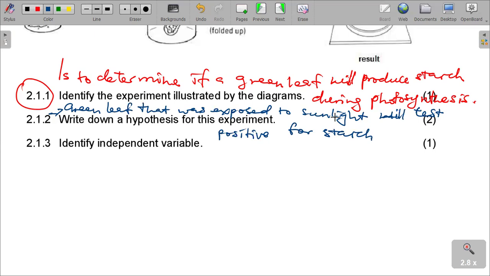That's what I can say. A green leaf that was exposed to sunlight will test positive for starch.